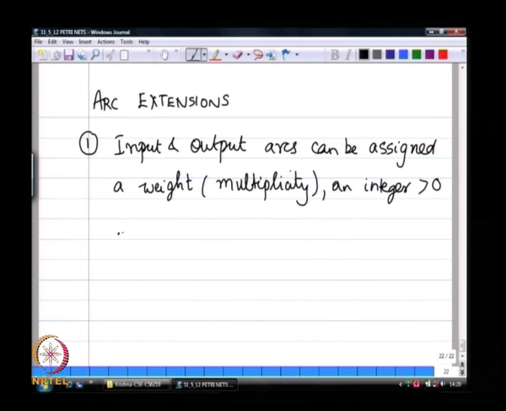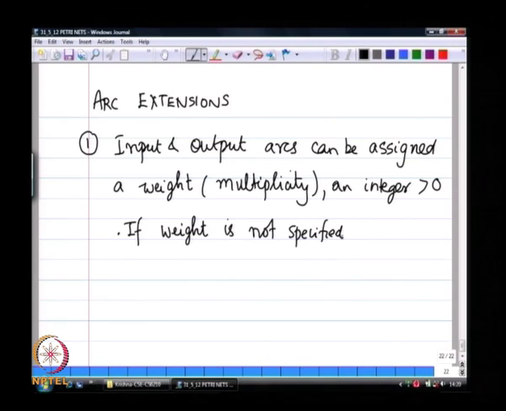And if the weight is not specified, we write PNs but do not specify the weight, just leave the arc as it is, it means that the default is 1. If weight is not specified for an arc, it defaults to 1.